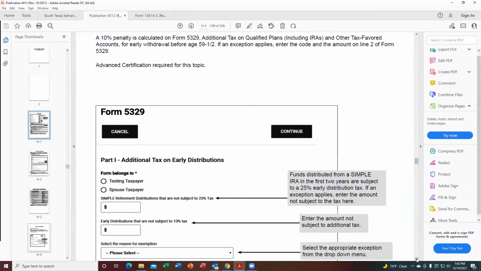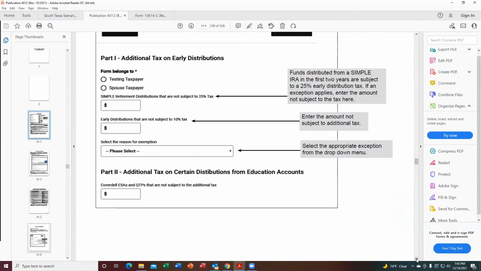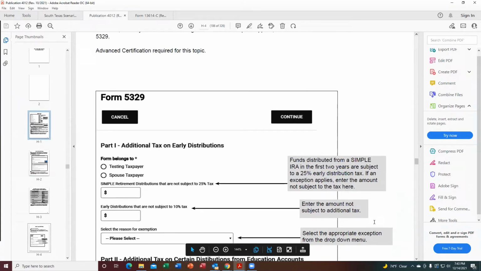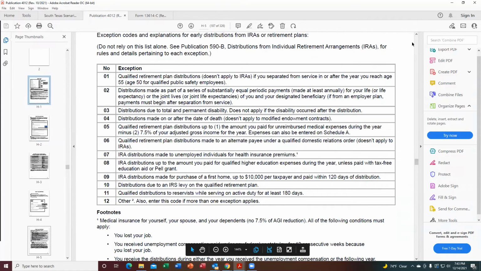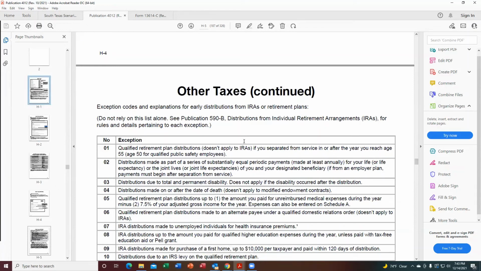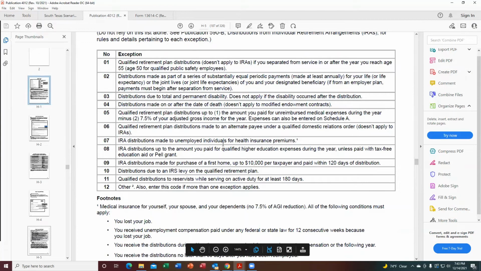And so I'm just looking for that particular list. And I don't know if they give it to us here. Right in here. So this is on page H5. So this is a list.